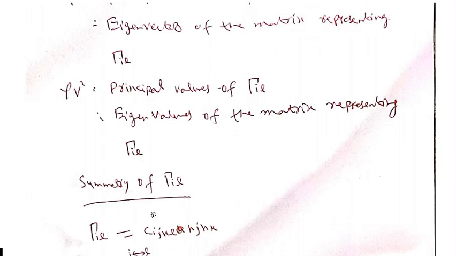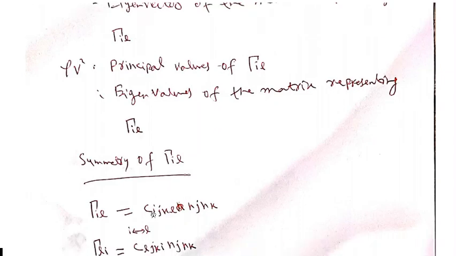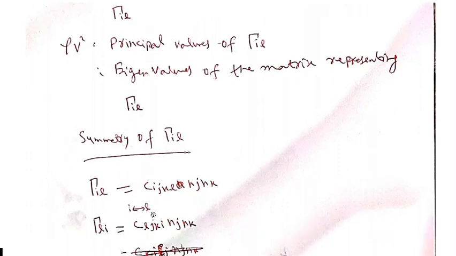Now let us first check its symmetry, whether it is symmetric or not. Now, this is the definition: gamma_il equals C_ijkl n_j n_k. If gamma_il equals gamma_li, then we see that this is symmetric.